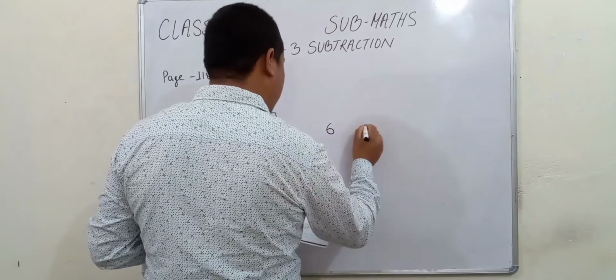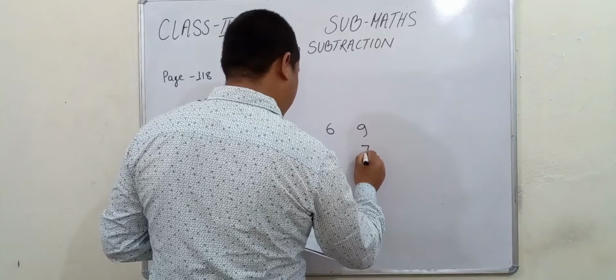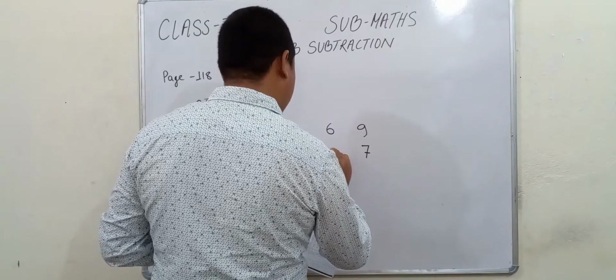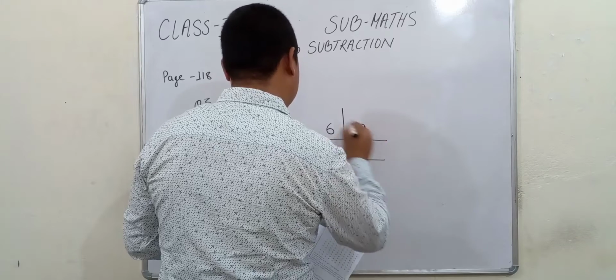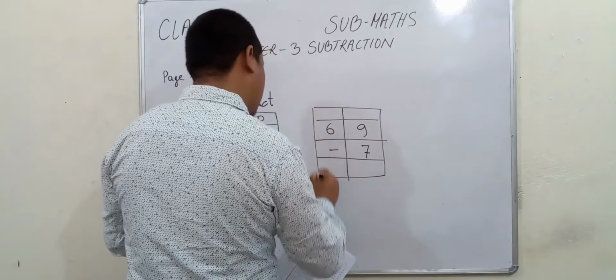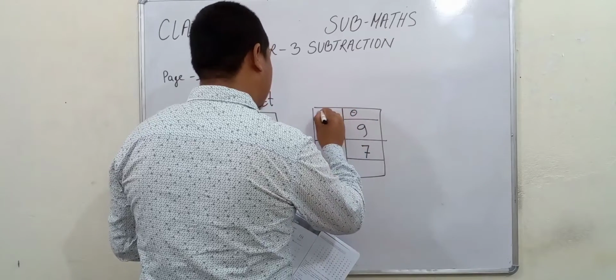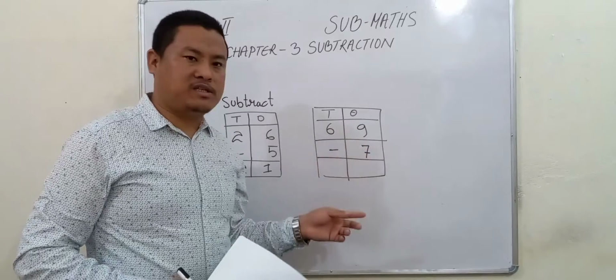69 minus 7. Ones and tens. So from 9 you minus 7.